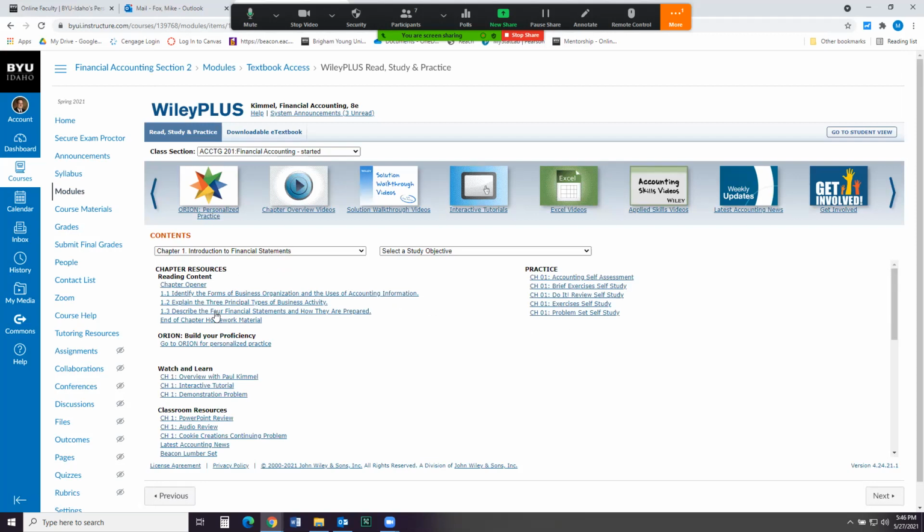So same place you do your reading through the chapters in the textbook, it's all in one place. So this is sort of all of the resources that the textbook publisher has. You're good to keep going.